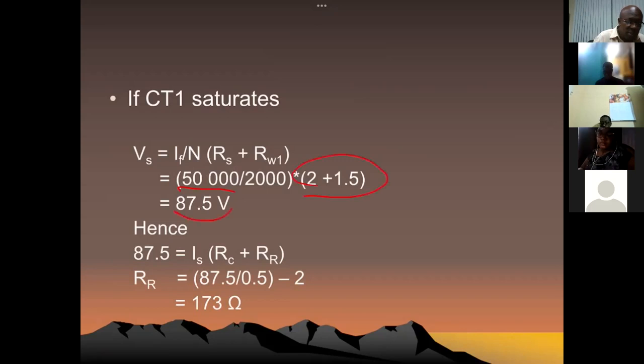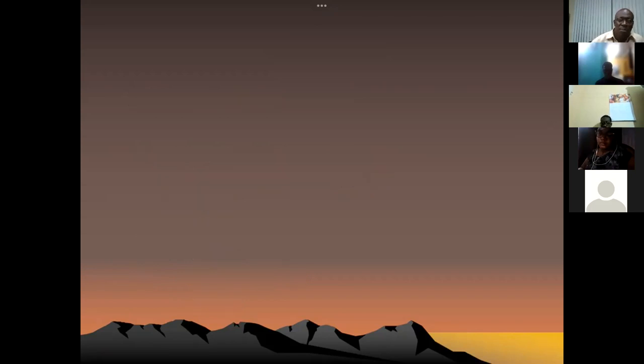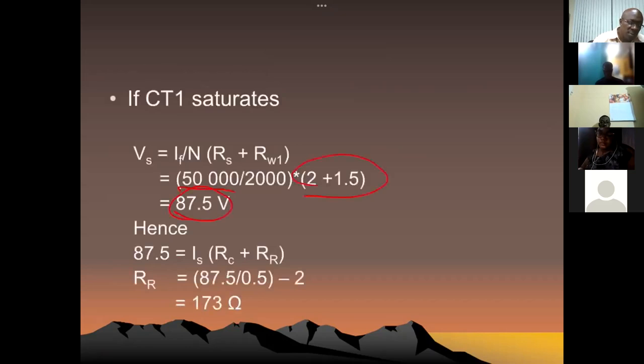So we get 87.5 volts. Now, the question we are asking ourselves is, what would be the value of RR that would cause 87.5 volts to be across that relay leg? And we rearrange for RR, and we get 173 ohms.